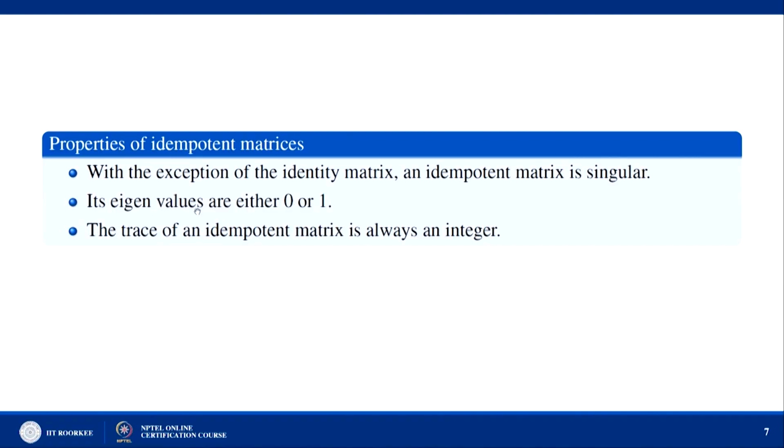Next, its eigenvalues are either 0 or 1. Let us try to prove it. Because A squared equals A, and Ax equals lambda x with x not equal to 0, A squared x equals lambda squared x, as we already know.